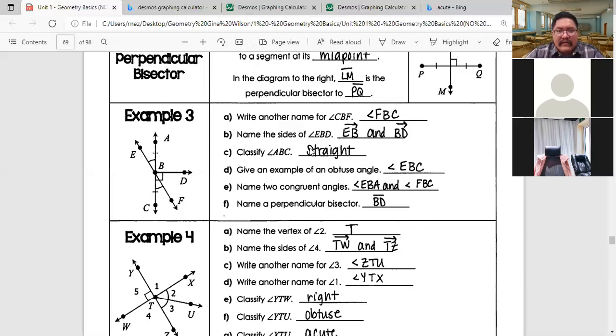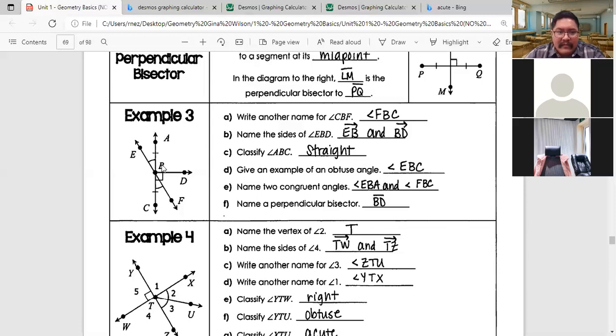All right, so classify the angle ABC. So A up here, B, C. So that's a straight angle. So give an example of an obtuse angle. So obtuse, remember, there's actually a lot of them we could pick.